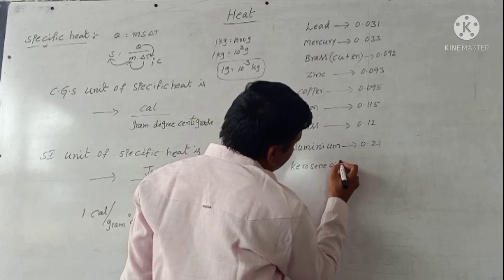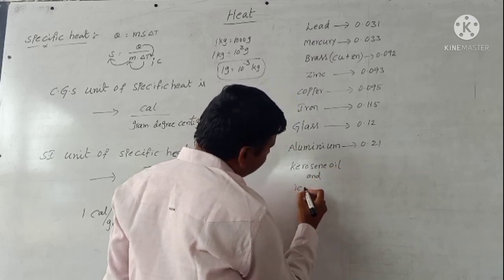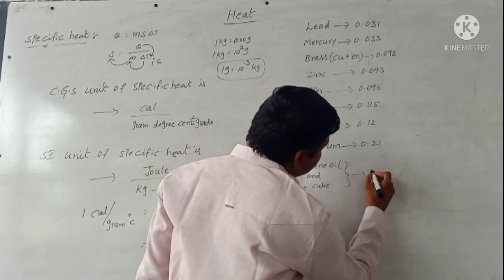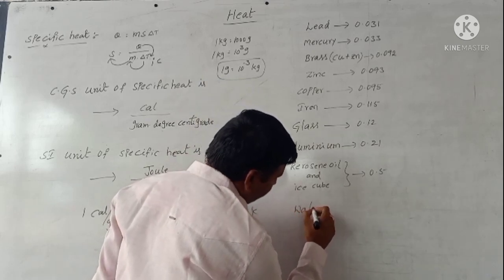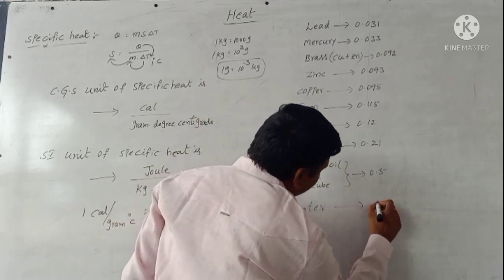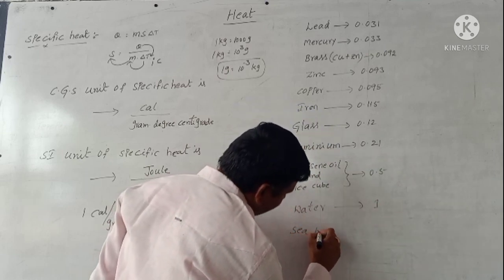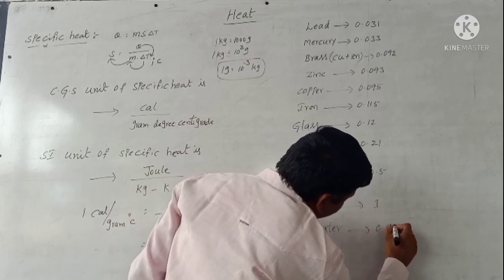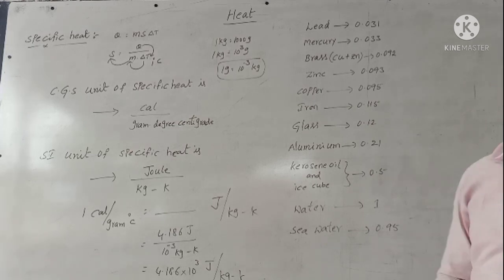Kerosene oil and ice cube both have the same specific heat, 0.5. After that, water has only 1. After that, seawater has 0.95. These are the specific heats of the substances.